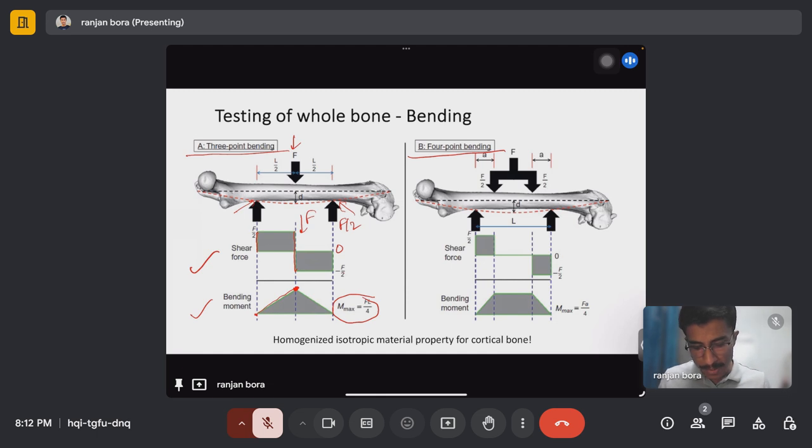How is it coming as FL by 4? If we consider this point, the maximum bending moment point, the bending moment will be F by 2 multiplied by L by 2, so it will be FL by 4.